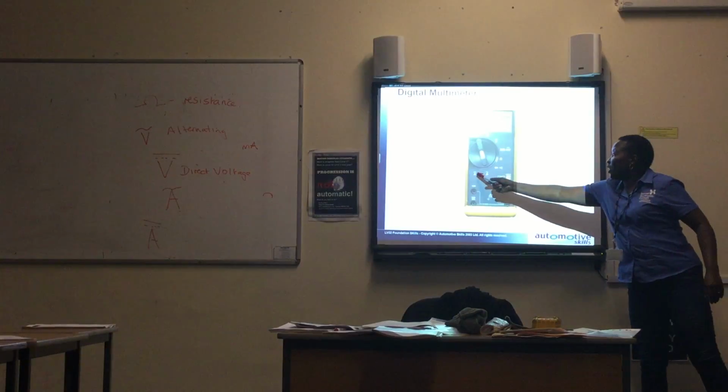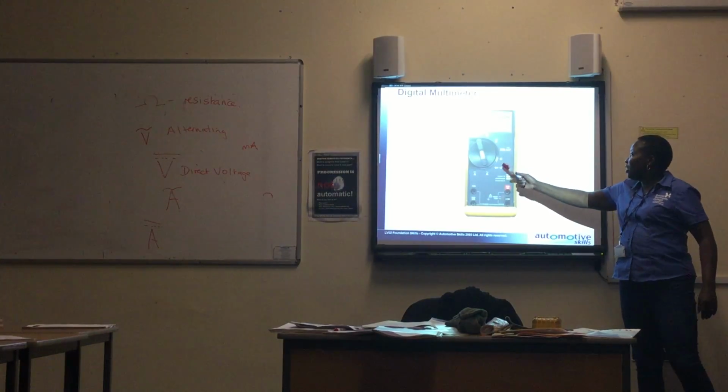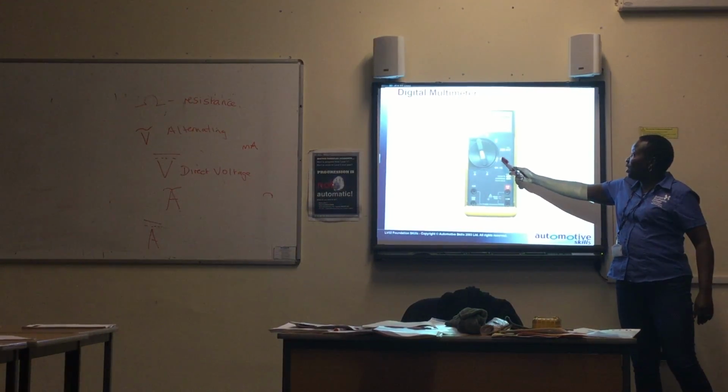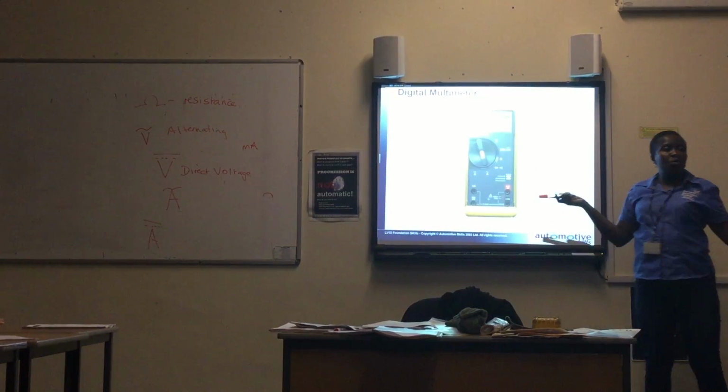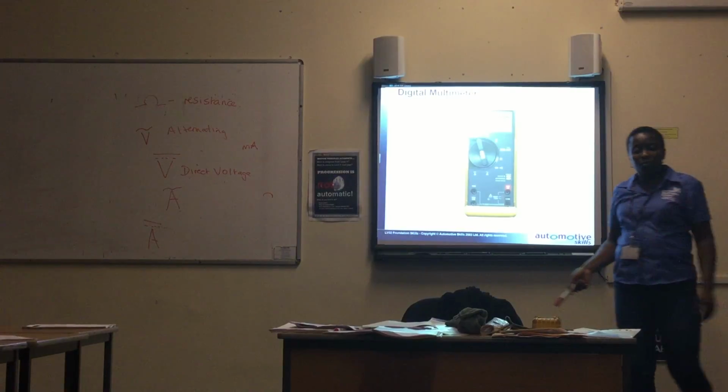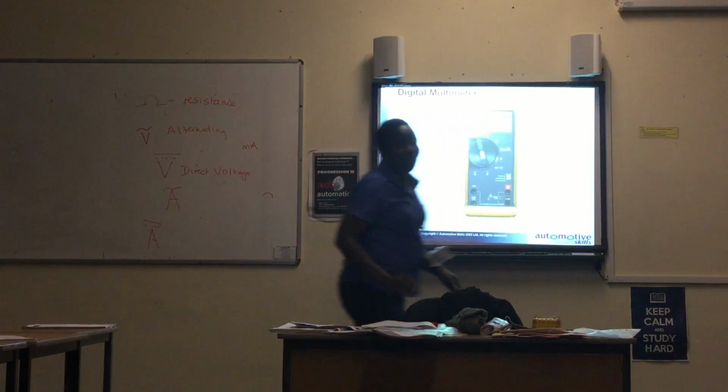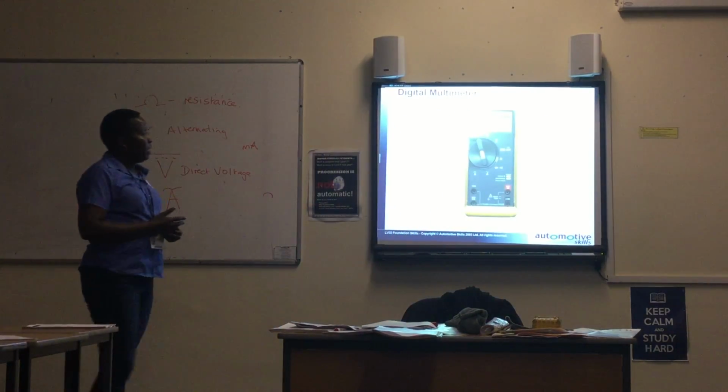So we have direct current, alternating current, that's the diode symbol, that's resistance, millivolts, direct volt, alternating volt, then on and off. That is what we have on the multimeter.